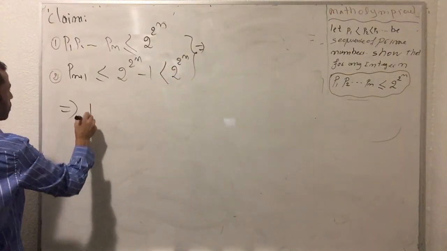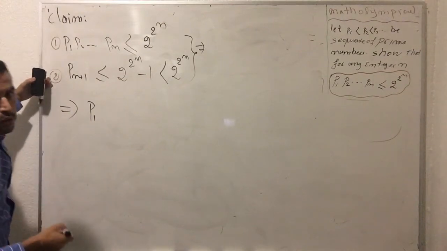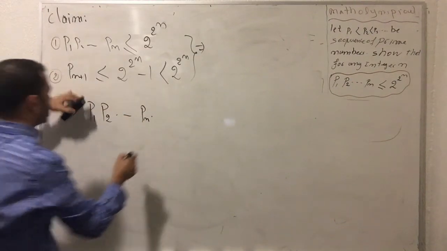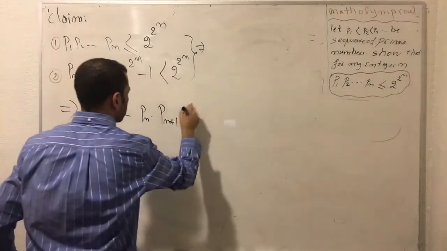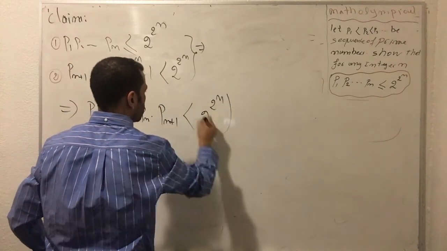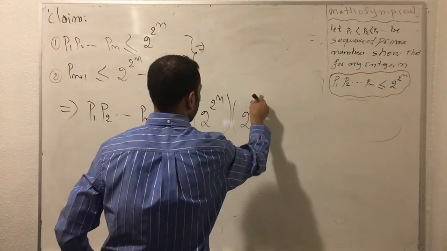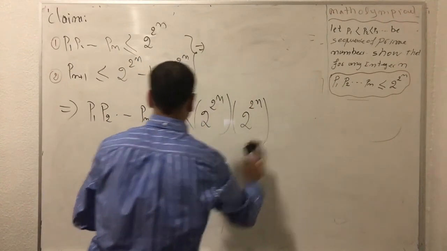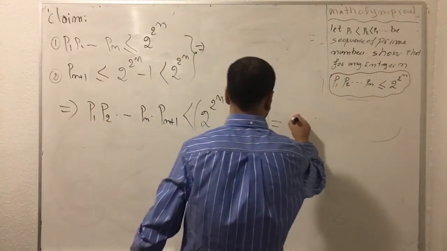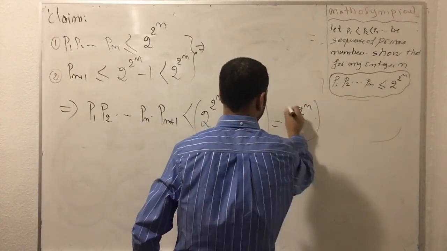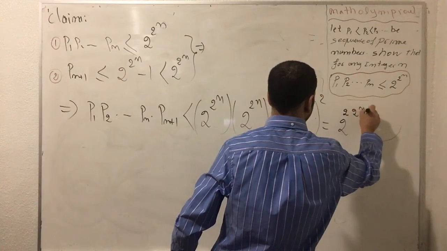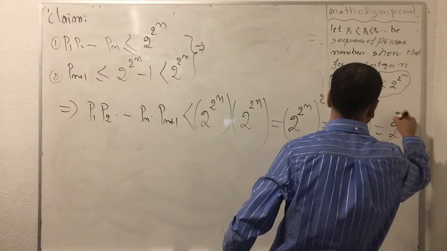Multiplying inequality number 1 by inequality number 2, we will have P1 through Pn multiplied by Pn plus 1 less than 2 to the n multiplied by 2 to the n, equal to 2 to the 2n, which is 2 to the n plus 1.